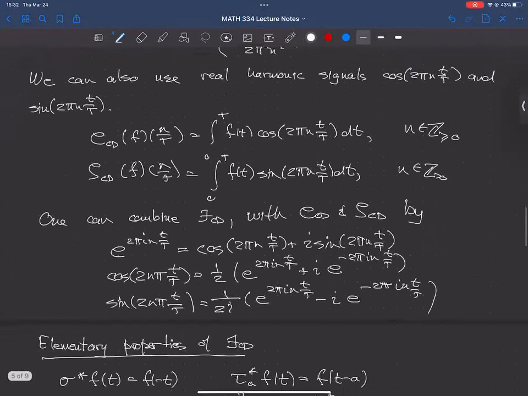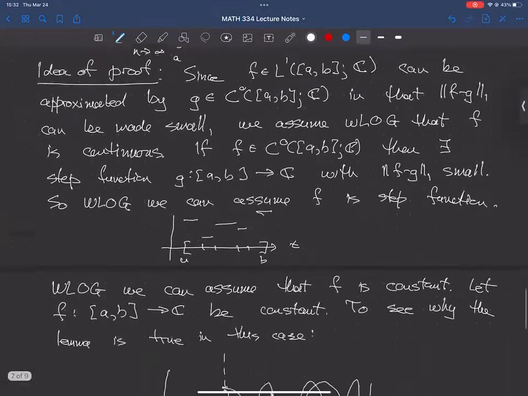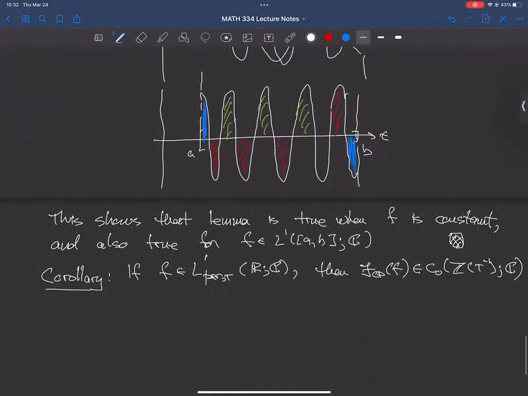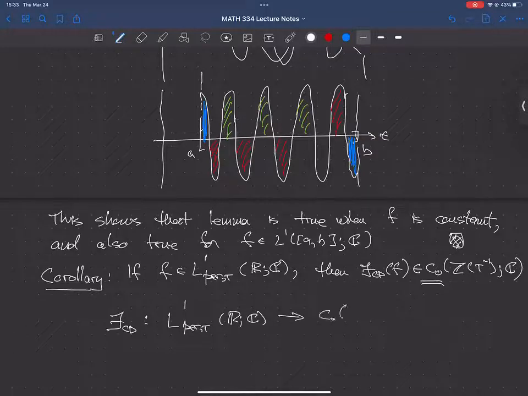Now we know more about the CDFT, namely that it goes to 0 at infinity. So FCD then is a mapping from L1 per t to little c0.